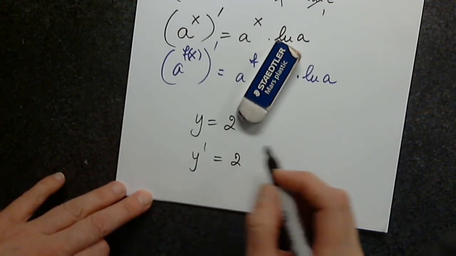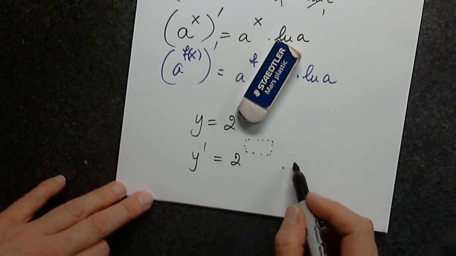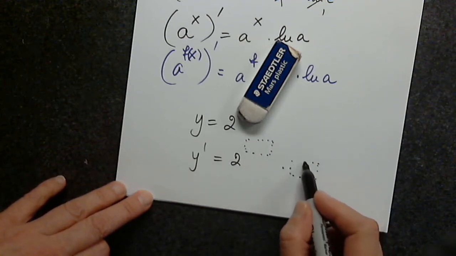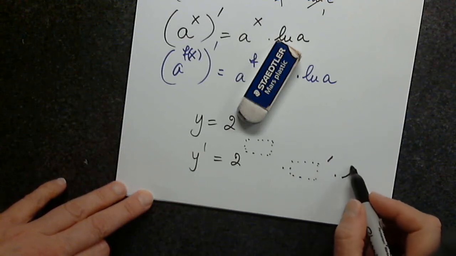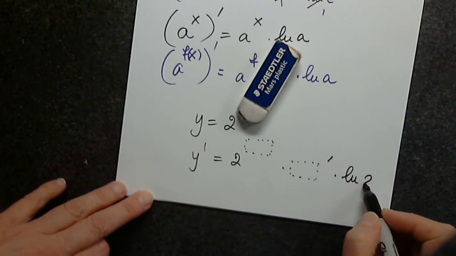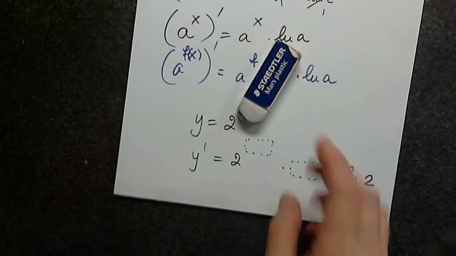It is 2 to that power, and I will put it in a minute, times that power prime times natural log 2. So this is the first step. So a to a power prime is a to a power times the power prime. If it's just x, then it's just 1 times natural log 2.